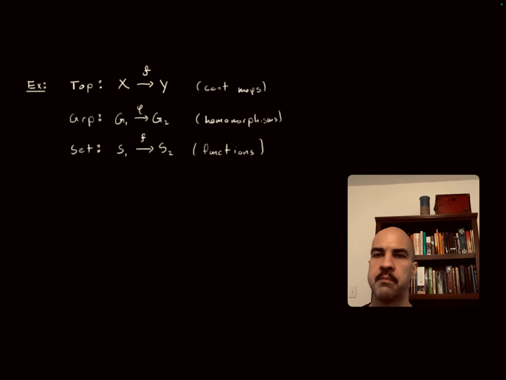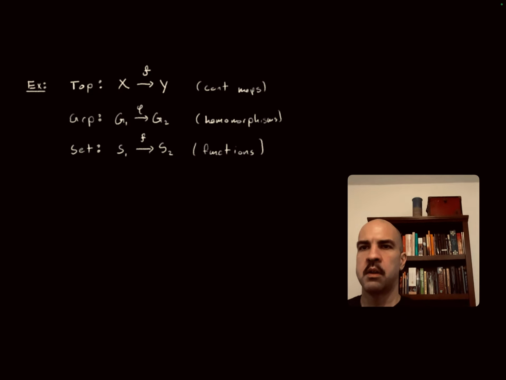So we have topological spaces, and in the theory of topological spaces, we have two topological spaces and then the continuous maps from one topological space to another. Then for groups, we have that from one group to another, there's a group homomorphism, and this just takes one group to another group.